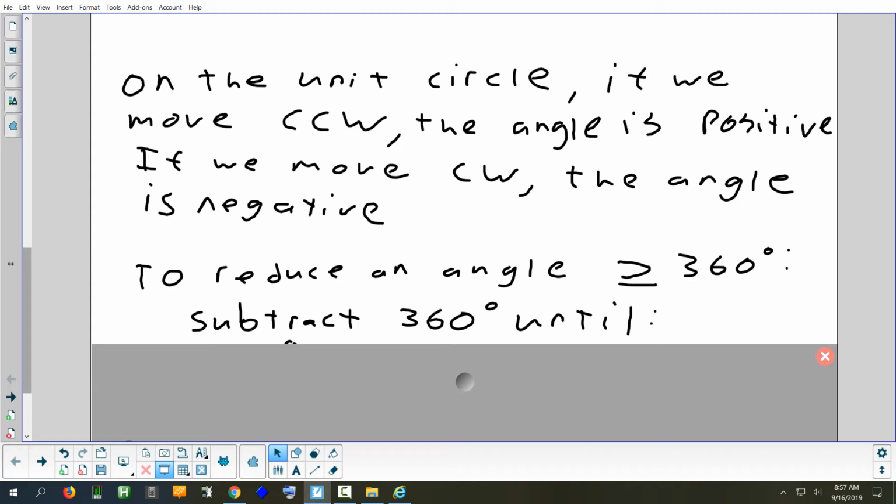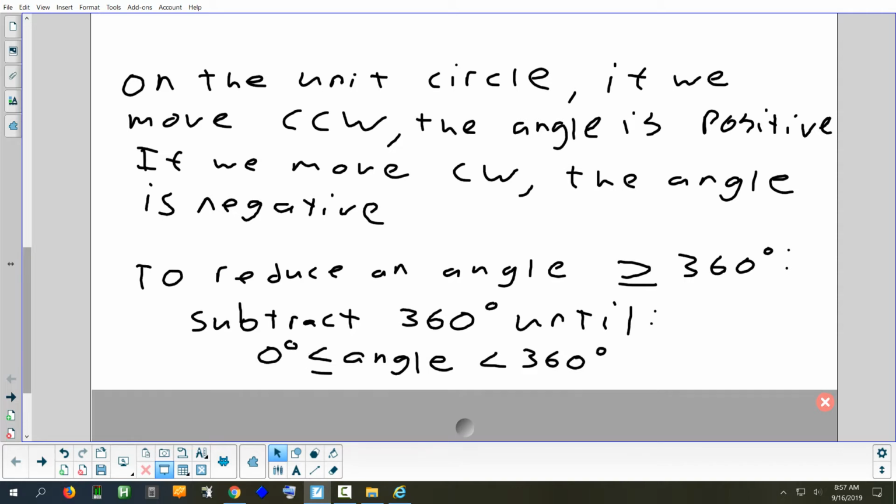What's eventually going to happen if you started out with an angle that's pretty big and you keep subtracting 360 from it? Or take any number and just keep subtracting 360 over and over. Well, it's going to get really deep into negatives. Yeah, and we don't want it negative. So you only want to subtract 360 as much as you need to. All right? So only do it until you get an answer between 0 and 360.